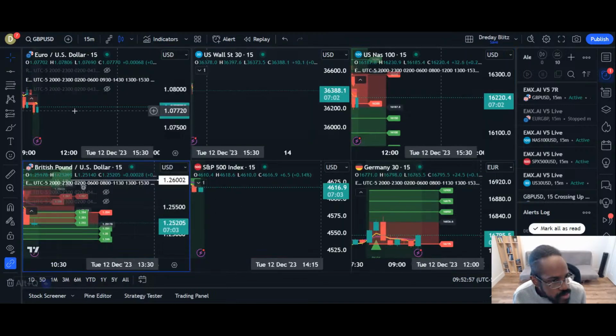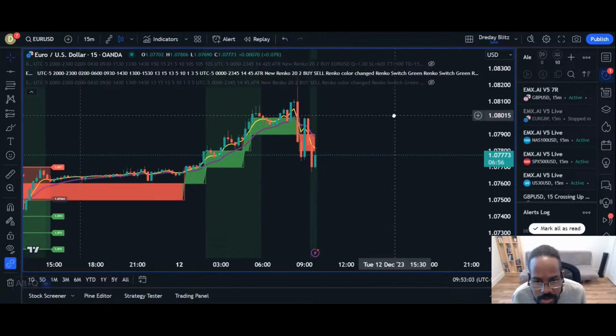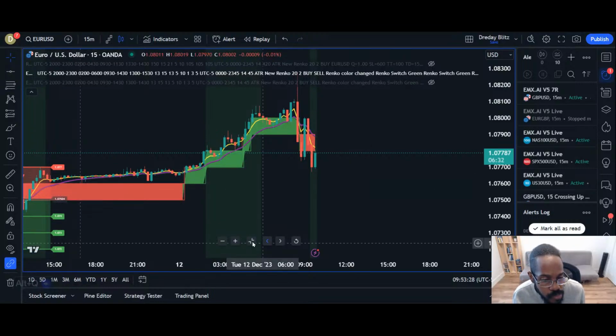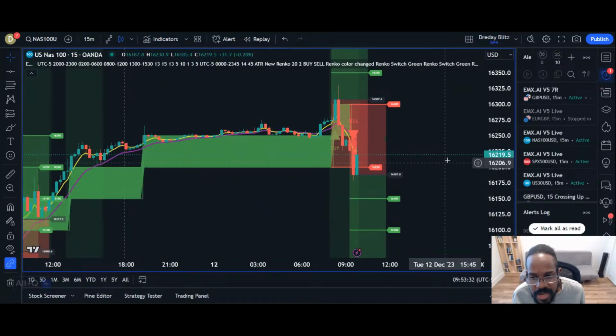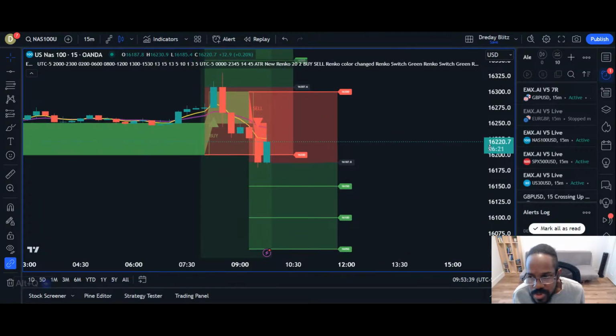The GU, USD. So Nasdaq, we had a sell. So still looking bearish here on Nasdaq, but we'll see how it goes.